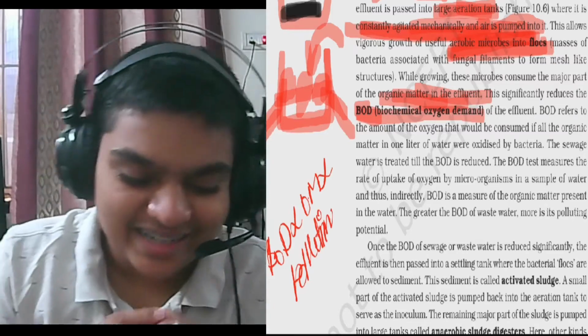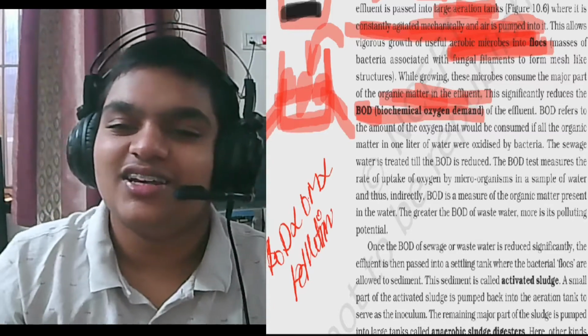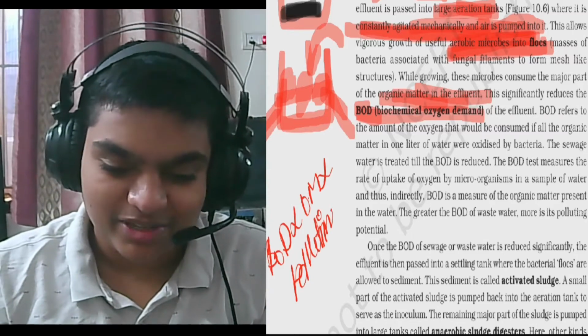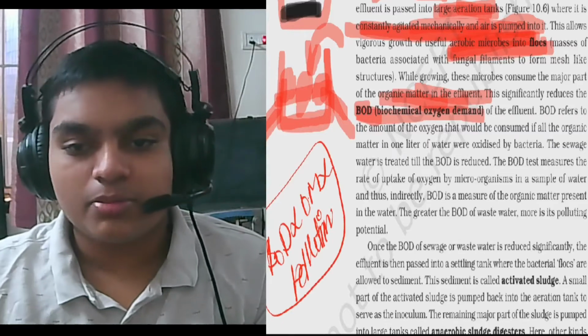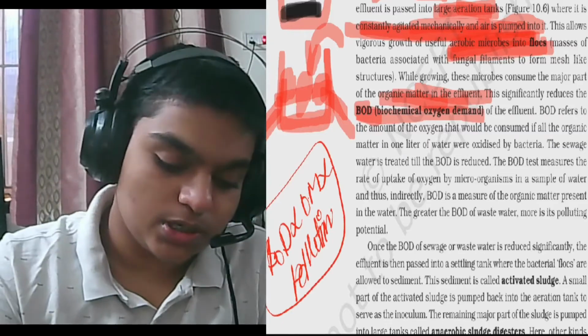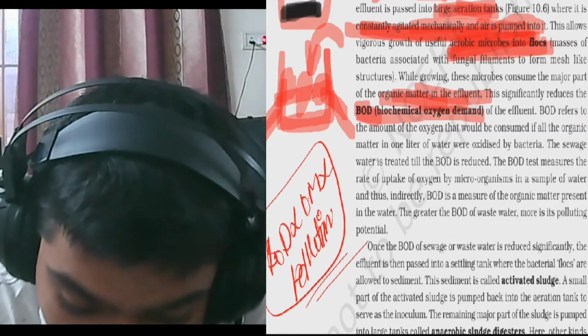I'm trying to write it without looking at the tab, so that is why it is coming like that. Yes, this you have to remember: BOD is directly proportional to organic matter, which is directly proportional to pollution. Very important.